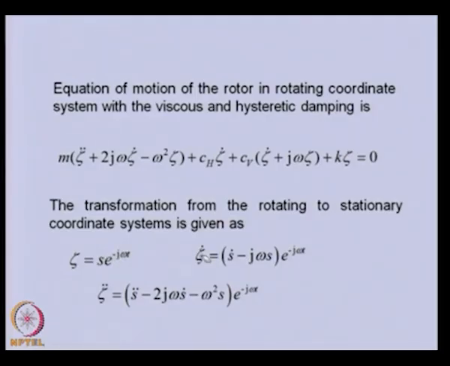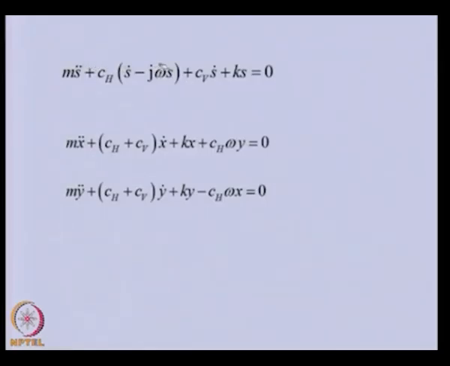If we take the derivative of this, we will get this, and the second derivative will give this. If we substitute this in the equation of motion, we will get back the equation of motion in the stationary coordinate system like this. You can see this is the additional term which is coming because of the hysteretic damping. Other terms were there in the equation of motion.